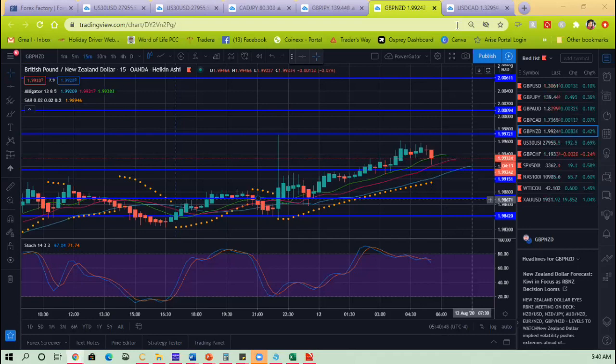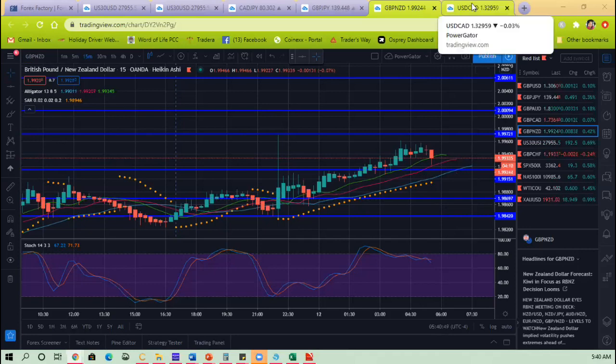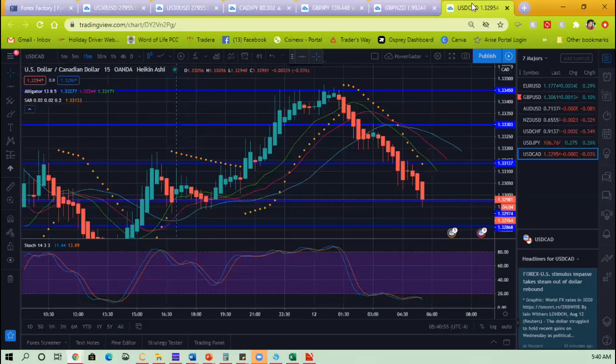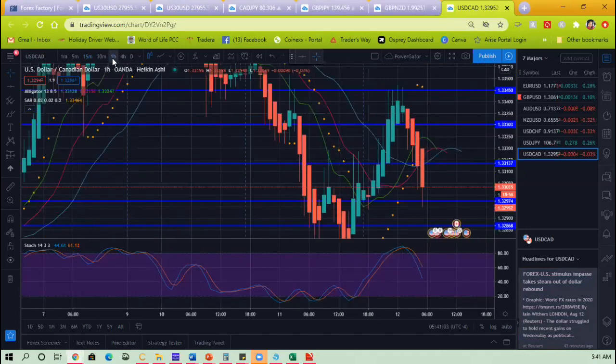All right, so let's look at USD CAD. And all right, USD CAD is still going for us. All right, so the 1 hour, you can see the green has crossed the red.